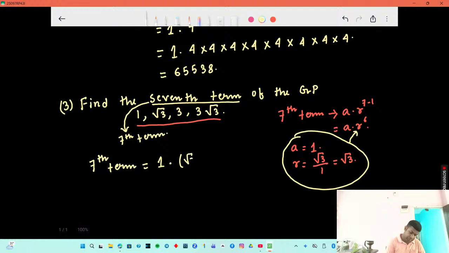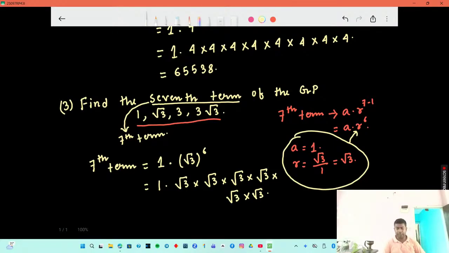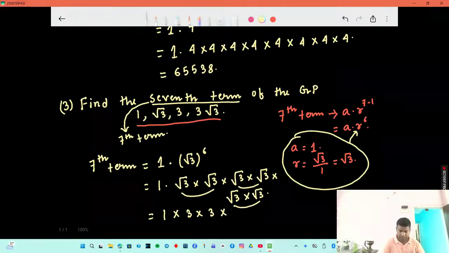root 3 to the power 6. That is 1 into root 3 written 6 times: root 3 into root 3 into root 3 into root 3 into root 3 into root 3. For every 2 root 3's, one 3 will come outside, and again for 2 root 3's, 1 3 will come outside, and again for 2 root 3's, 1 3 will come outside.